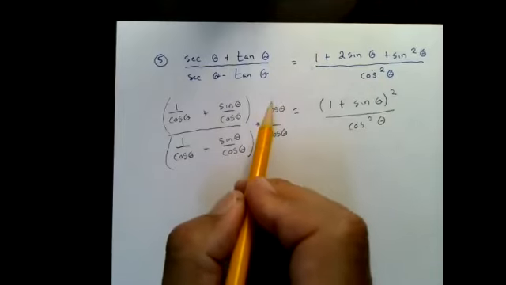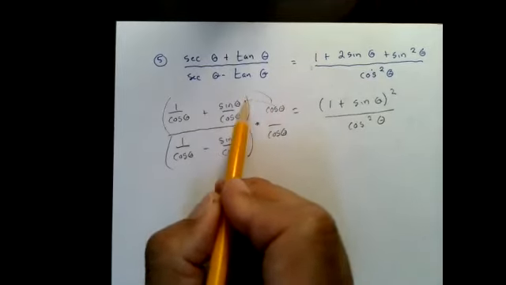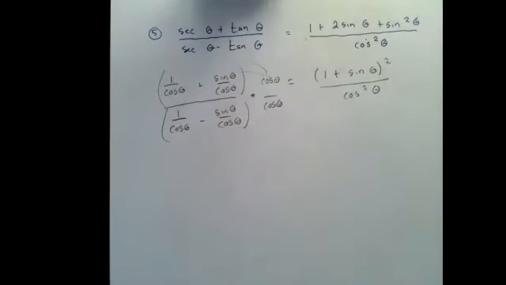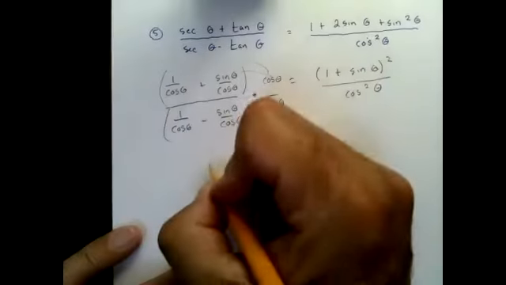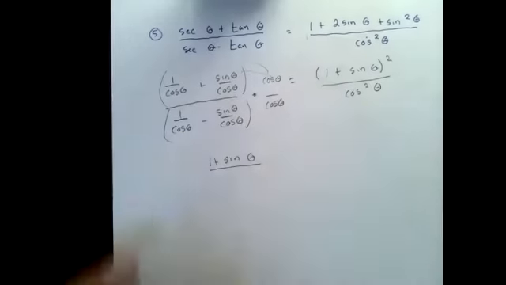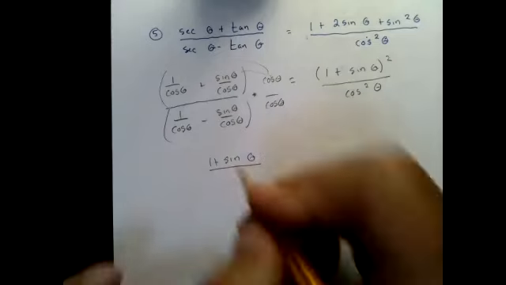In the numerator, I distribute. What am I left with? One plus sine, yep, 1 plus sine of theta. In the denominator, what am I left with? One minus sine.